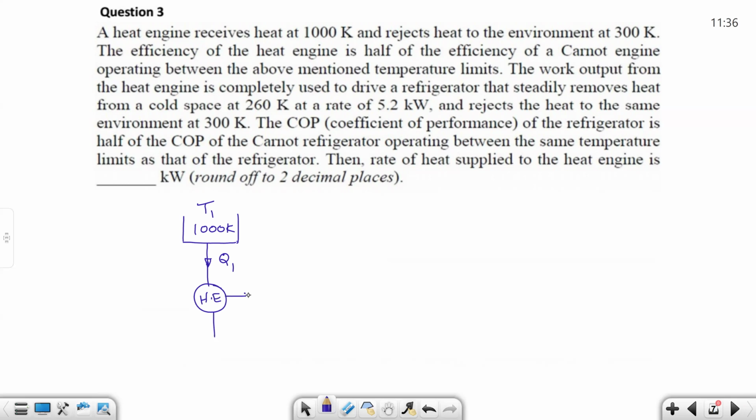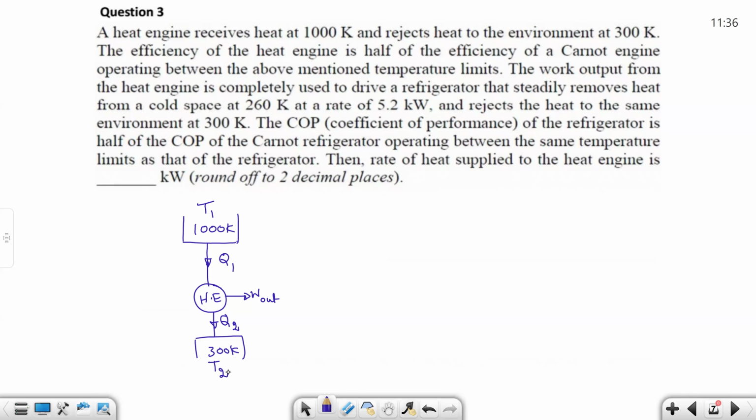So it will produce work output. Rejects heat at 300 Kelvin, Q2. This we will take as T2.